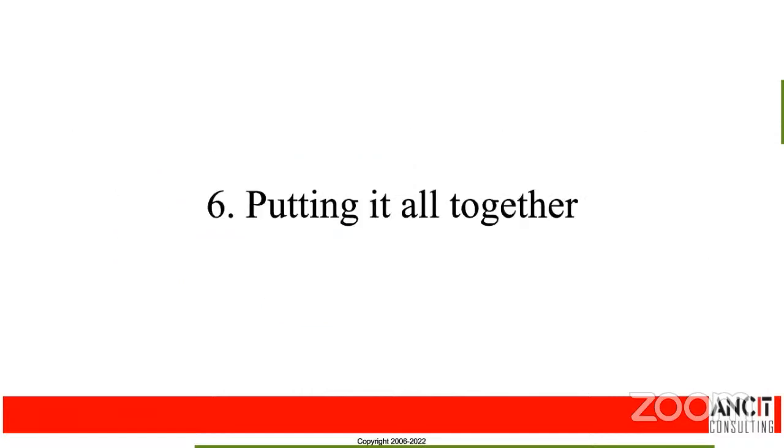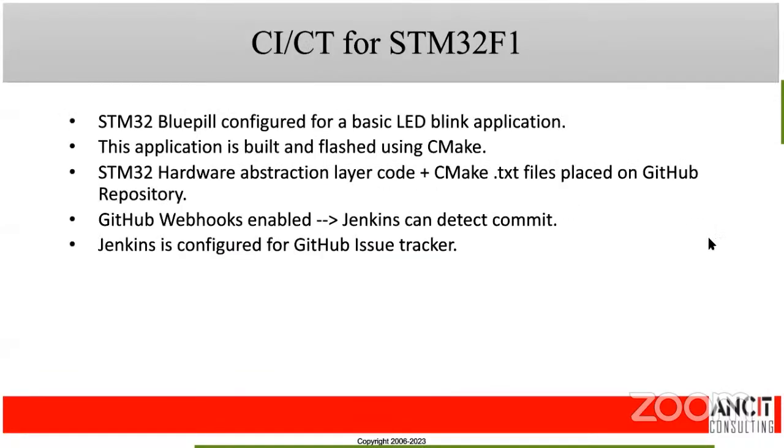Okay, so let's now see how exactly we put all this together. At least for what we have developed here at ANCIT, we have an STM32 Blue Pill configured for a basic LED blink application. This application is built and flashed using CMake. As I showed you before, we have the CMake configuration done for that.